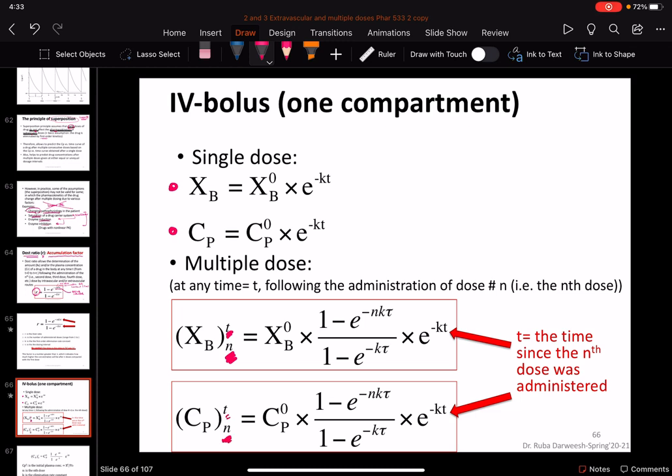And this is one of the important differences between single dose and multiple dose equations, in which we are talking in the multiple dose equation about the nth dose.